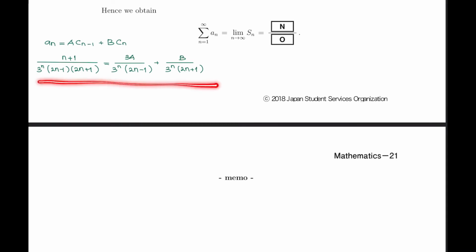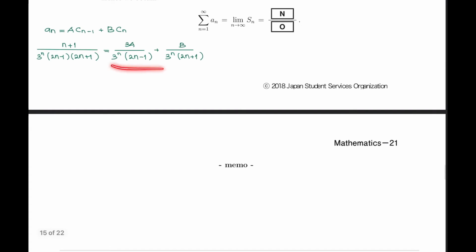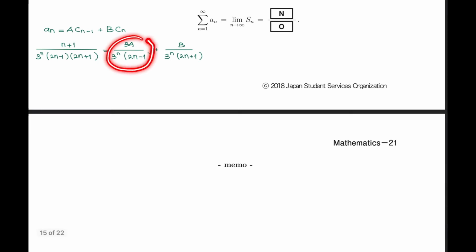If you see this kind of equation, you can find the value of A by making the right-hand side into a single fraction. So I will multiply 2n plus 1 on the first expression here: 3A times 2n plus 1. If I multiply it on the top, I also have to multiply it on the bottom, so it will not change our expression.